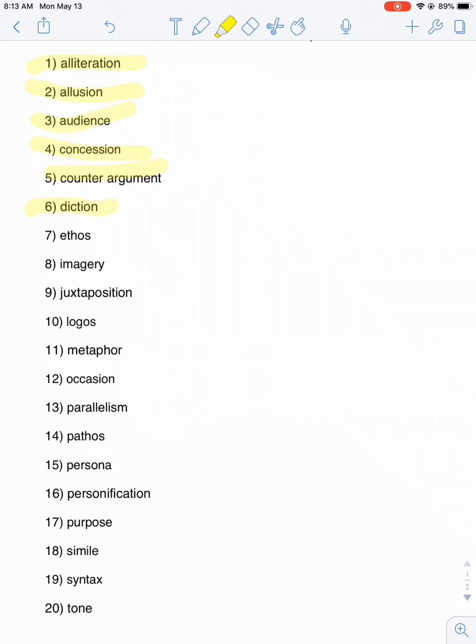And so we can make an ethos argument if someone appears to be very humble in making a request. They're presenting themselves as someone who is humble, who's not demanding things.